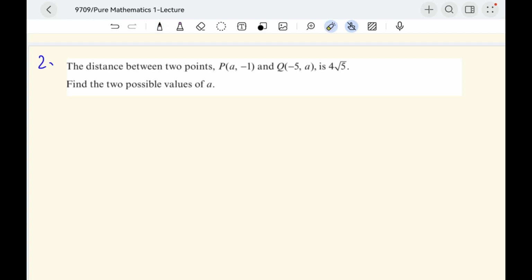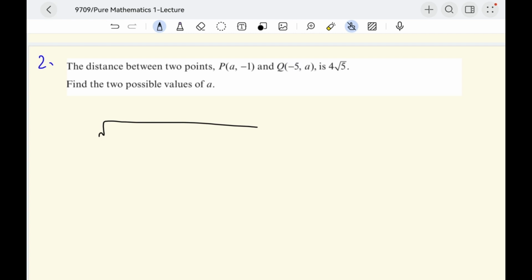Okay, check it out. Distance between 2 points. Use the formula. And you can see that the distance between the 2 points is in exact form, which consists of roots, the radical square root. So you need to carry out the distance between the 2 points, which is the square root of the difference between the x coordinates squared plus the difference between the y coordinates squared, and then take the square root of the sum of the squares.